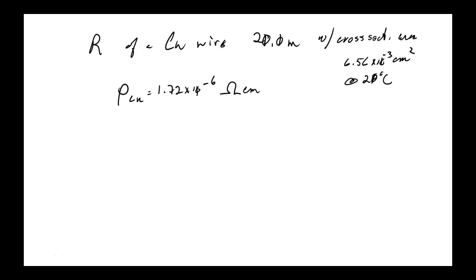Okay. So, given that, and the formula we just had, resistance, that's what we're looking for. Resistance is equal to rho L over A. Okay? Now, we have a problem here, Houston.